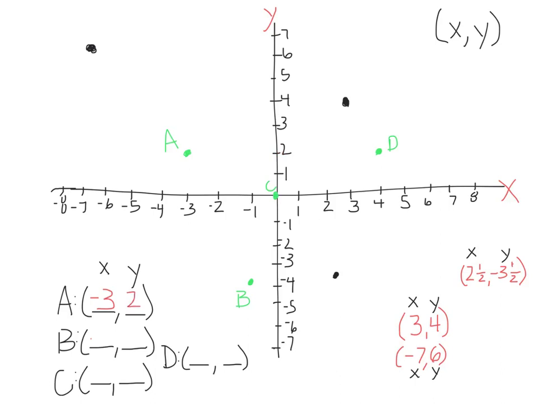I do the same thing for all of these points. Here's B. First I do x. So B, go up to x is -1. And then I go over to y, -4 is my y. Then for C, x first.